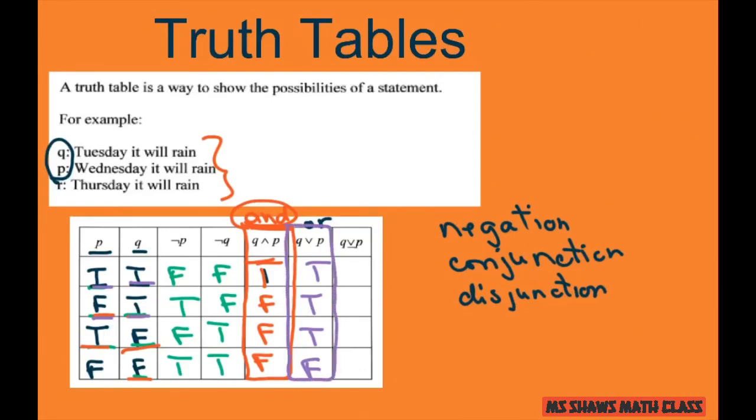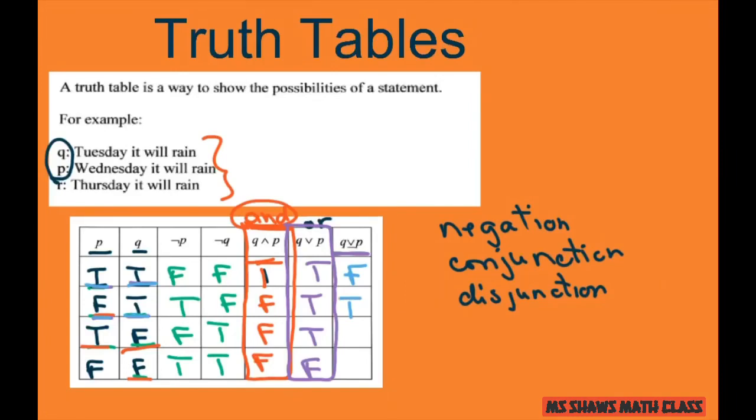Now the exclusive disjunction is whereby it's true or false but not both. For true or true but not both, since they're both true, that's going to be false because it can't be both. True or false but not both is true.